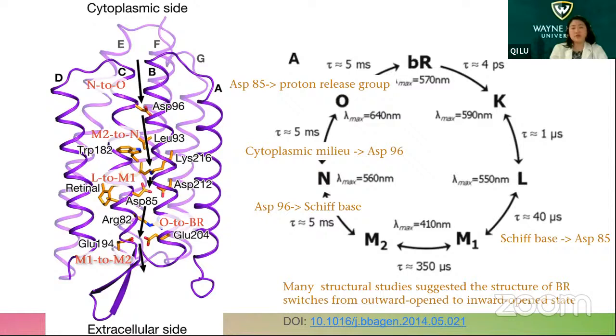We mentioned in the last lecture that many structural studies suggest that the structure of bacterial rhodopsin switches from the outward open to the inward open state during the M1 to M2 status. So capturing the photon is at the resting state to the K status, but this energy conversion is at the M1 and M2 status.